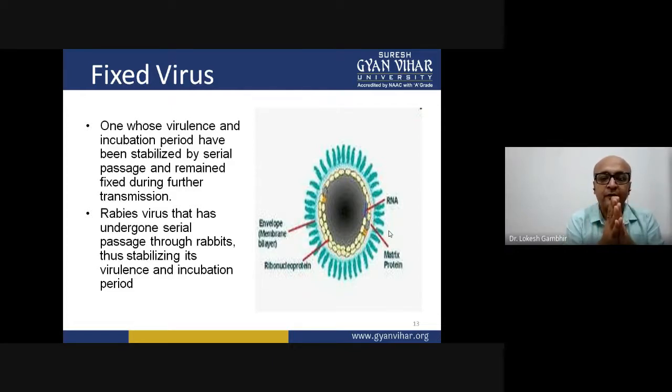And how am I doing it? I am infecting it multiple times in different mammals. Like if I'm infecting rabbits, I'm going for serial passaging, serial infection, and by the end of say 10 to 20 cycles, I see that there is a stability that has been gained by this particular virus. Those viruses are called fixed virus.